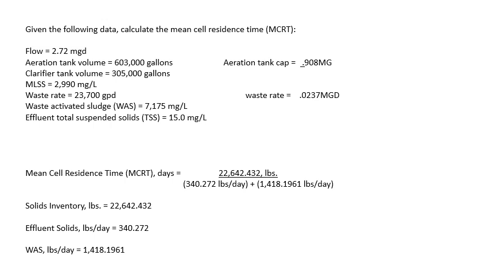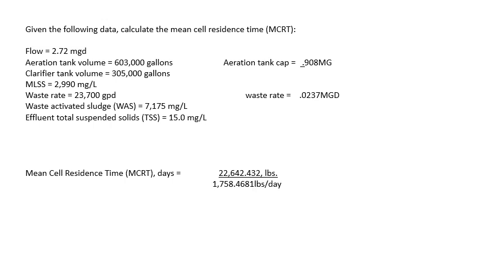So we'll go ahead and solve for the bottom by adding those together. When you add those together, you get 1,758.4681 pounds per day. So now you're going to divide 22,642.432 pounds by the 1,758.4681 pounds per day.